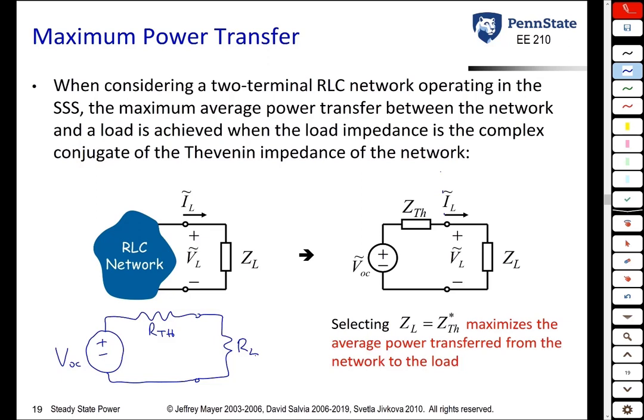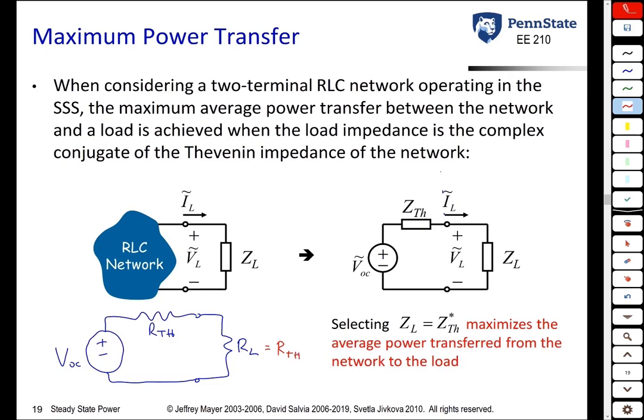Because if you try to make RL too large, you'll increase the voltage across it, but decrease the current through the load. Likewise, if you make RL too small, you'll make the current nice and large, but the voltage will be very small. And we saw that the power, which is voltage times current, is maximized when RL is equal to R Thevenin.